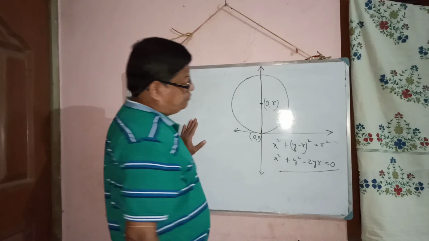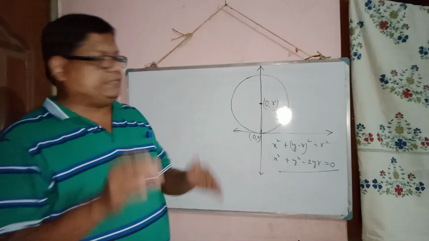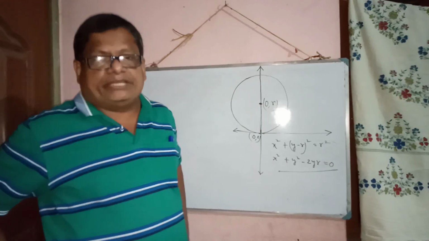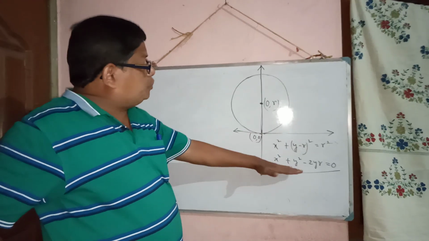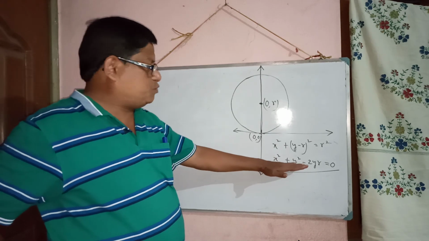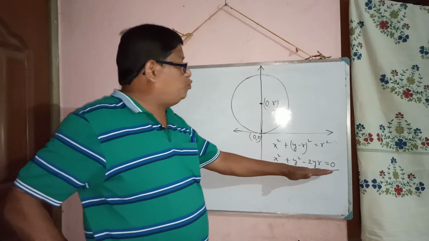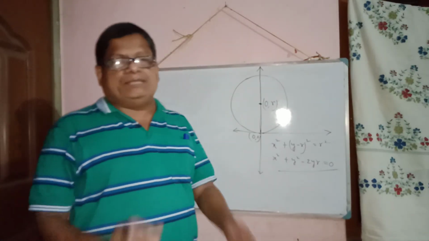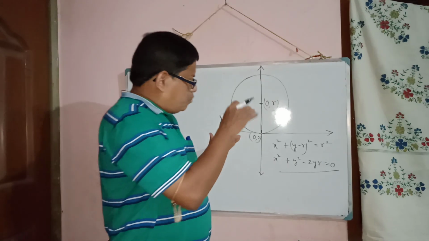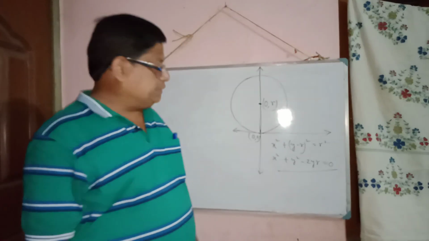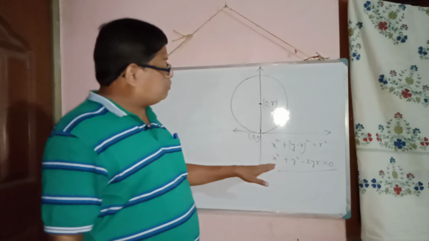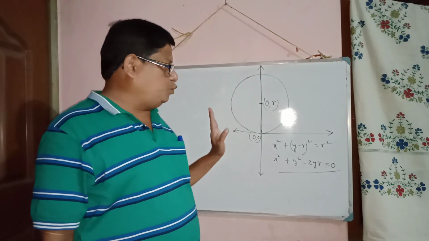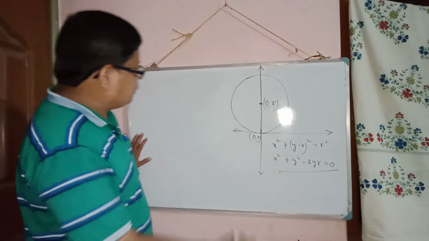Keep in mind, if the circle touches the x-axis at the origin, then the equation will be x square plus y square minus 2yr equal to 0. Similarly, if the circle touches the y-axis at the origin, then the equation will be x square plus y square minus 2xr equal to 0.